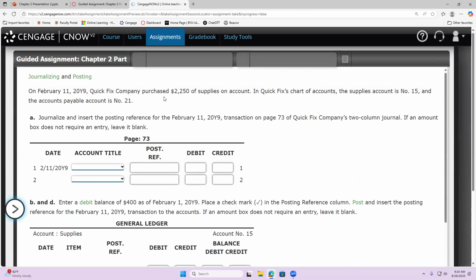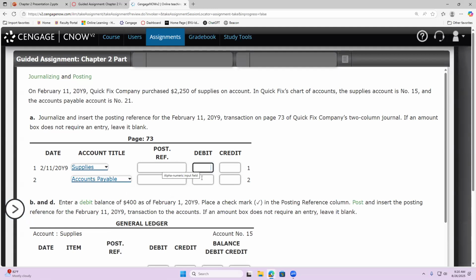If we're purchasing supplies on account, then supplies, an asset, is going up. So I'm going to debit supplies, and accounts payable, a liability, is going to also go up. Assets increase with a debit, liabilities increase with a credit. I'm going to skip over that post reference for a minute, and I'm going to come over to the debit and put in the amount 2250.